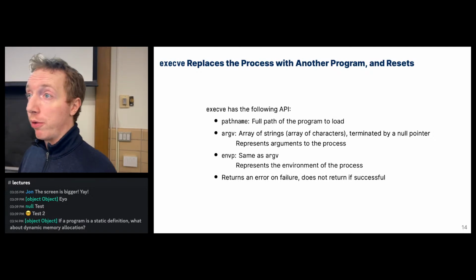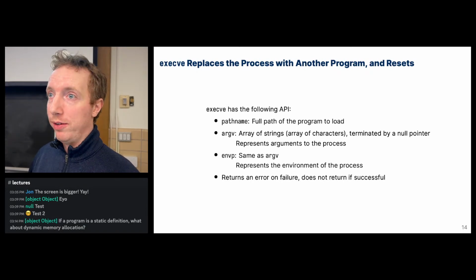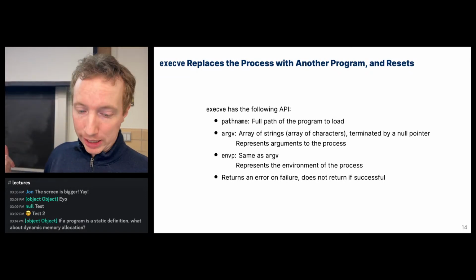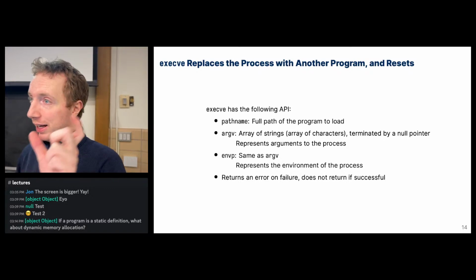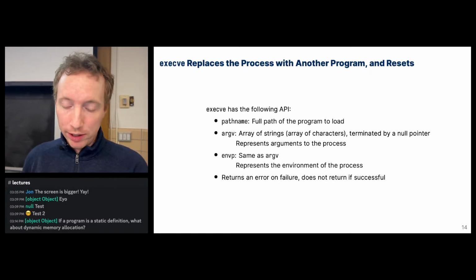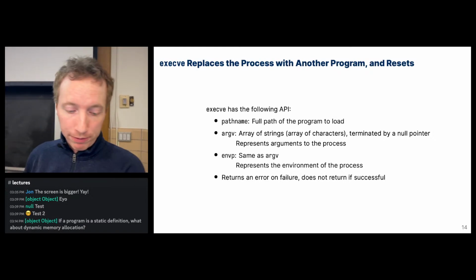Whatever program made that system call no longer exists; it gets replaced by another one. It takes three arguments. First, a pathname, the full path starting at slash to the program to load, which on Linux would typically be that ELF file.